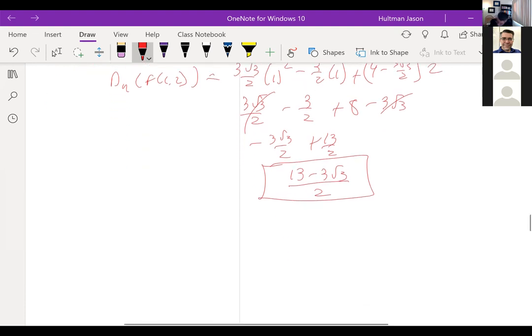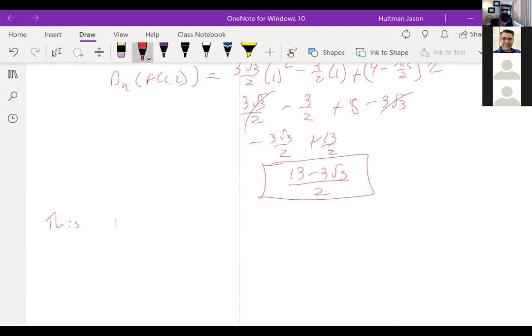Okay, so what does this represent? This represents the rate of change of z in the direction of u.